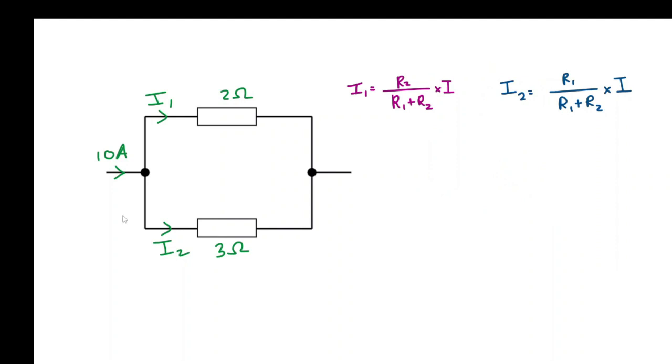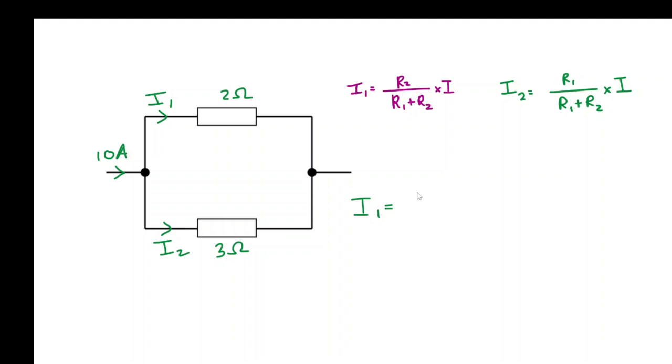Alright, now let's look at this example. The currents I1 and I2, you need to work out these two. We know the current that comes in is 10 amps and this resistor is 2 ohms. This resistor is 3 ohms. Okay, so let's use this formula. I1 is equal to, what do we do?